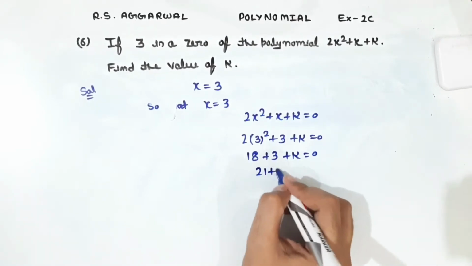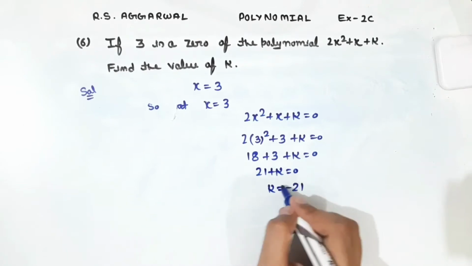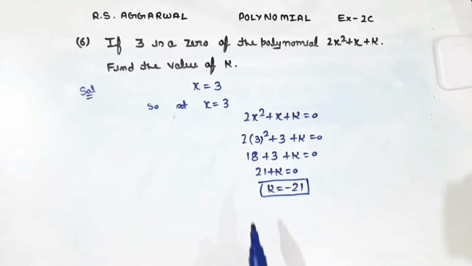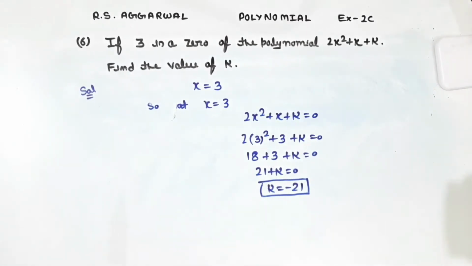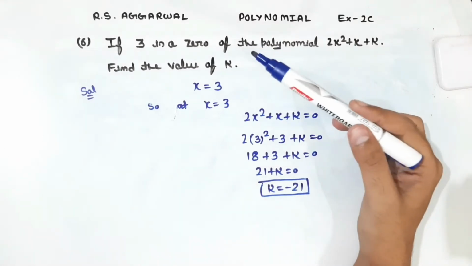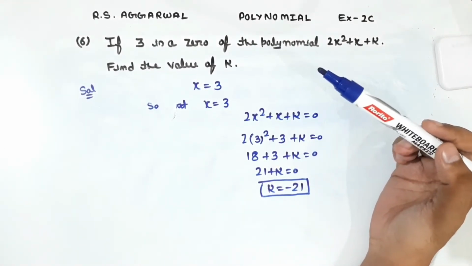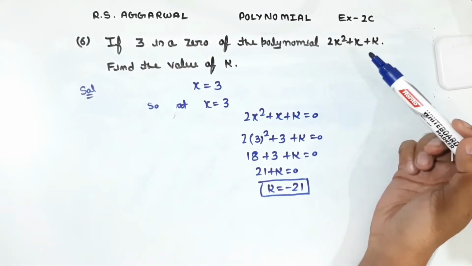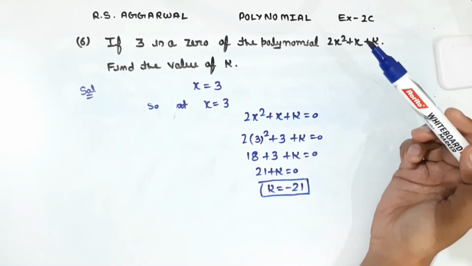So 21 plus k equals to 0. So k will be minus 21. So the basic idea about this question is that we have given the 3 is a 0 of the polynomial, and we know that at the 0 the polynomial is equals to 0.